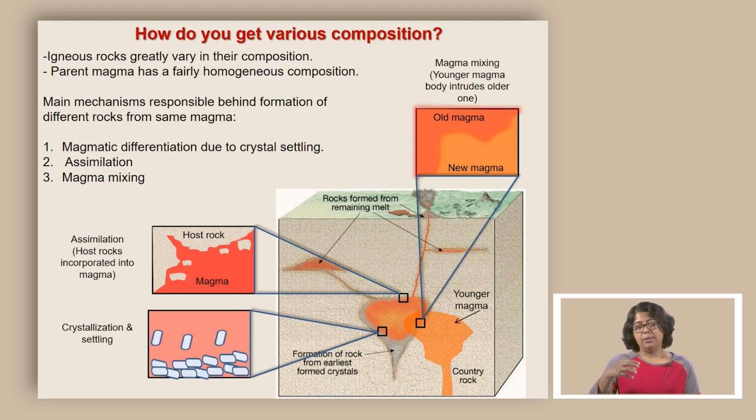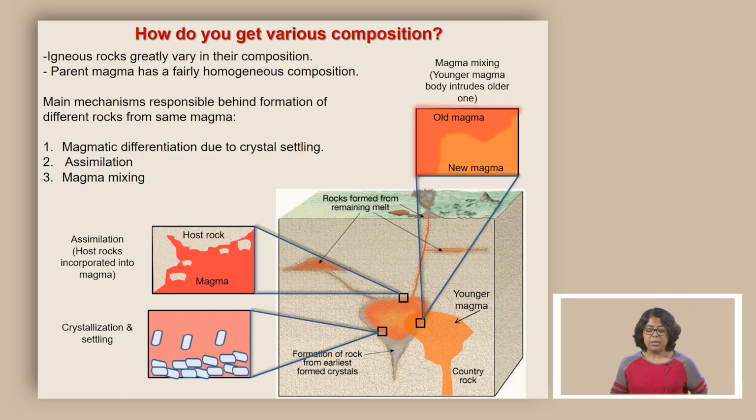Because the path is not the same, and the rate at which the magma moves to the surface is not the same, we can find quite a bit of variation in the final igneous rock composition, simply because of fractional crystallization resulting in magmatic differentiation, because the crystals are settling as they are forming.